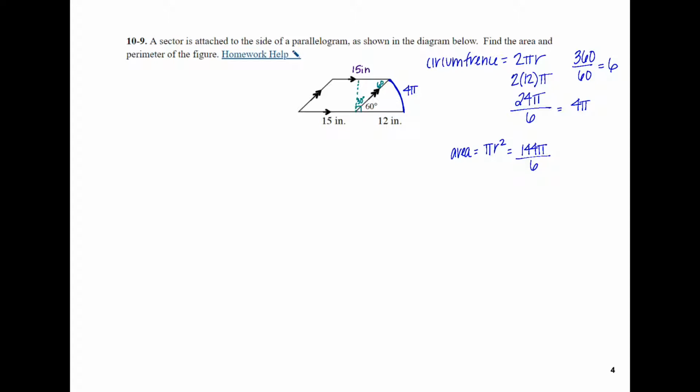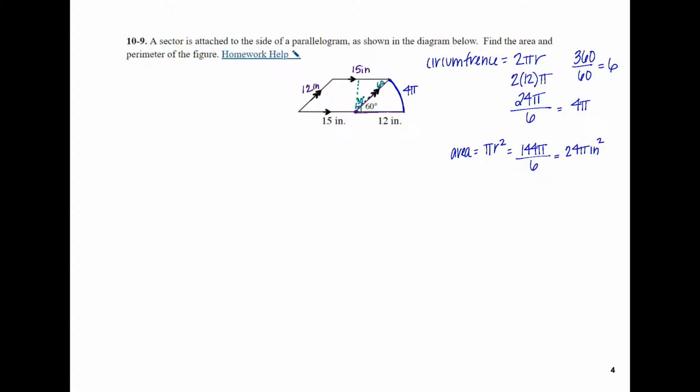So when we divide 144 by 6, we get 24 pi inches squared for our area. So because we're working with a sector of a circle, we know that both of these essentially would be our radius. So this length would be 12 inches as well.